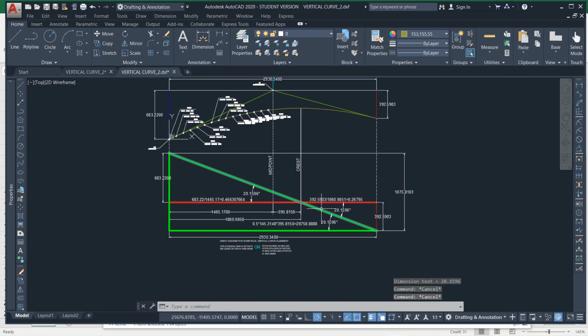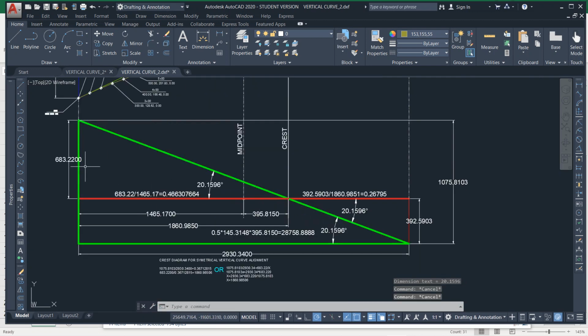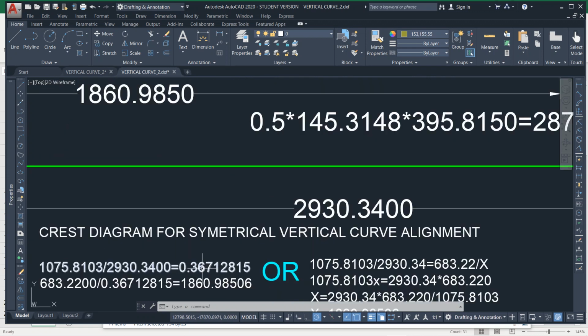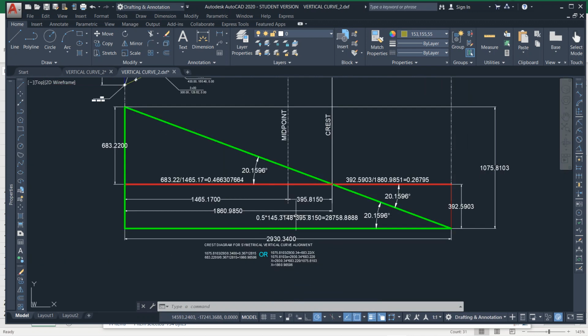So they're all similar triangles. So what I did, I just showed it. The overall is 1075 to the horizontal, right? Vertical to horizontal, vertical of the green to horizontal of the green, gives us a ratio of 0.367. So then the ratio of these two is also the same.